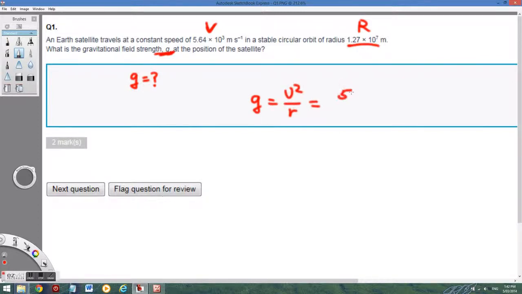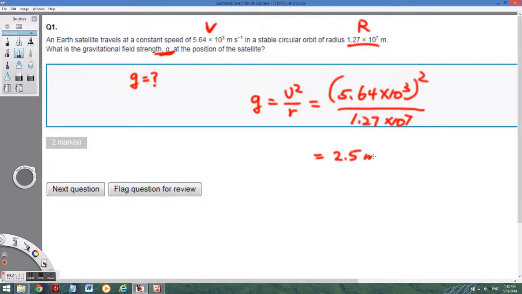Put all the values in. If you put it in your calculator, the answer will be 2.5 meters per second squared. Okay, done.